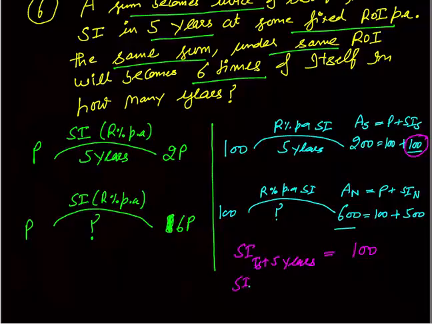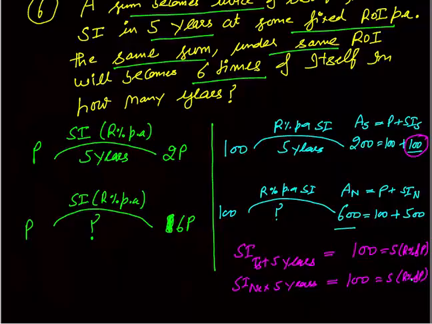Simple interest of the next 5 years will be 100, because simple interest is the same for every particular set of period. Because what is simple interest of 5 years? This is equal to 5 times r percent of p. This will also be 5 times r percent of p. So simple interest for every set of 5 years is 100.